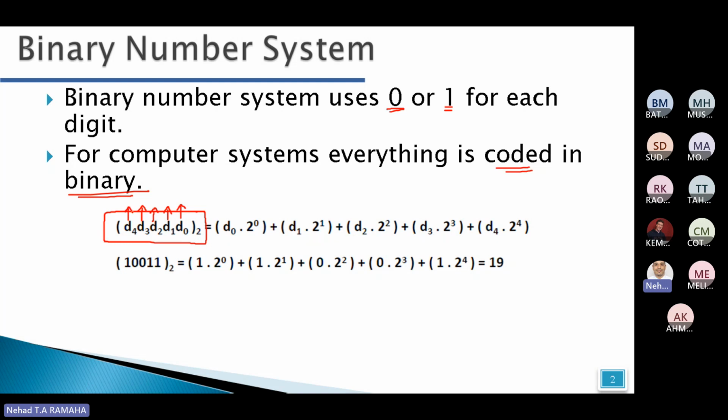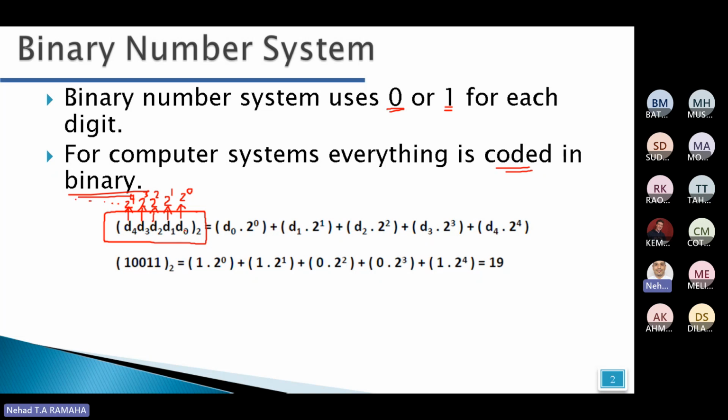Each position starts from right to left. You can consider this position 0, so its value is 2 power 0. This position 1, its value is 2 power 1. This one's value is 2 power 2, 2 power 3, 2 power 4, and so on.